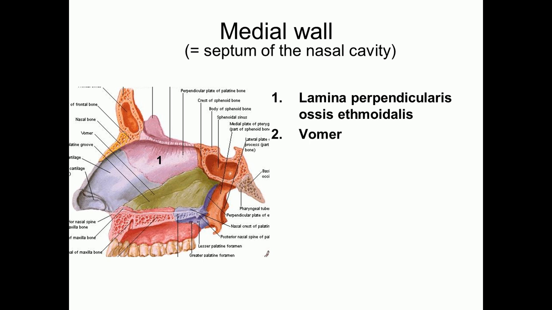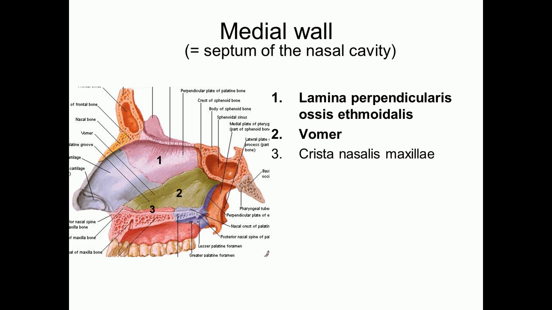Then, number 2, vomer, of green color. I use bold script to underline that these two bones are the most important in the medial wall. And the other structures are quite small, but nevertheless they also exist and help to form the medial wall.